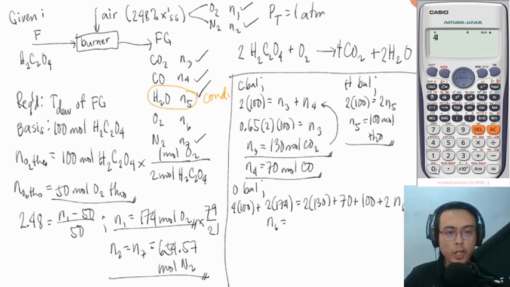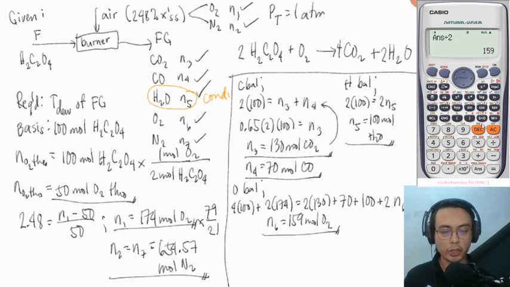So that is 400 plus 2 times 174 minus 2 times 130 minus 70 minus 100 divided by 2. 159 mole O2. So we're done with N6.